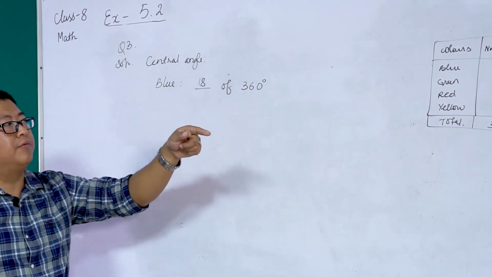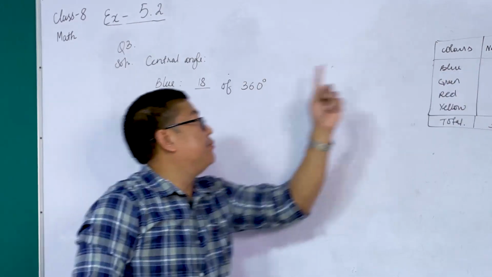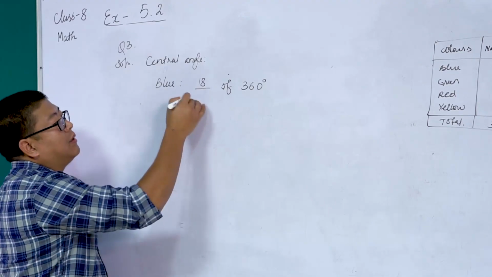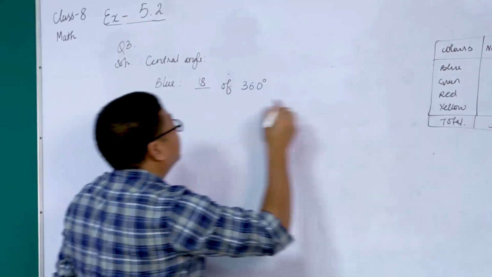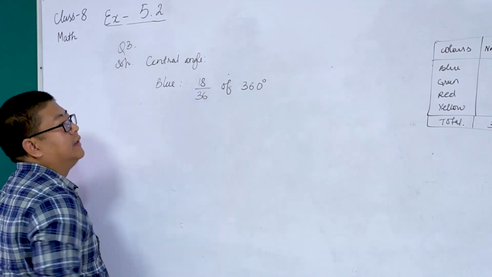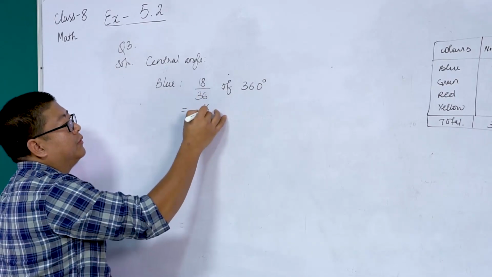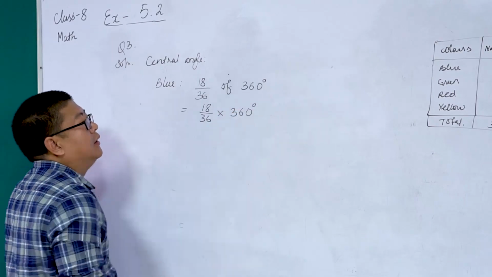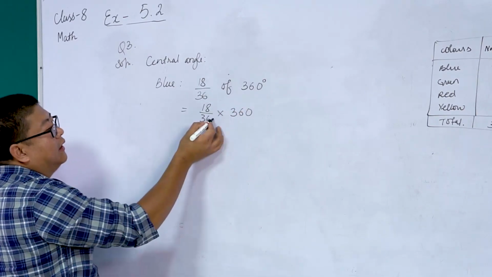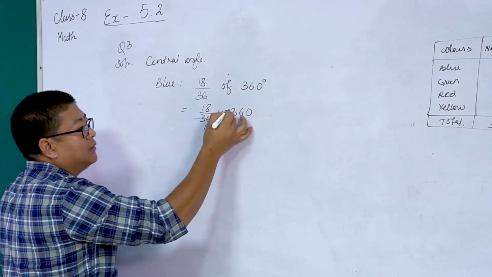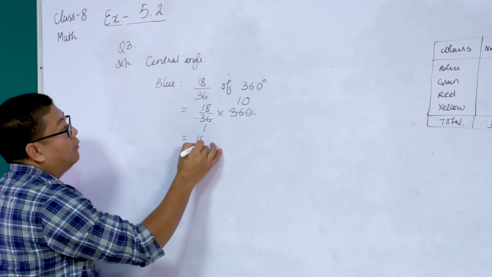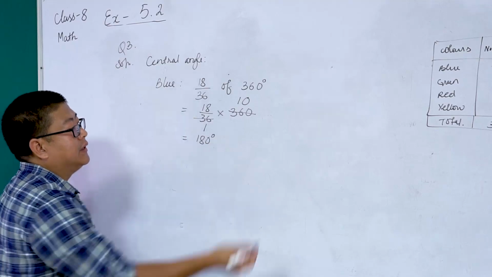Now, where will the fraction come from? 18 is the number of people surveyed who like blue, and the total number of people surveyed were 36. So we will write 36 here. So when you perform this, you will get 36 into 1, 36 into 1, 36 into 0. So we're getting 180 degree for this.